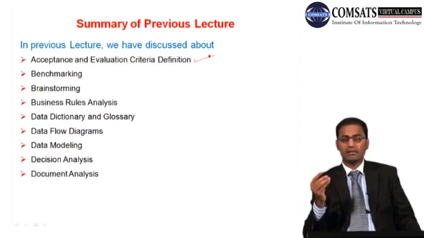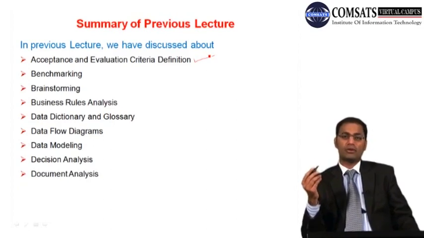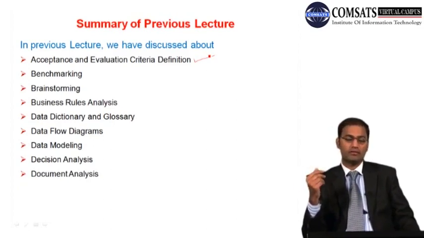Acceptance is when we have one option and we want to see if it is feasible or not. Let's have an example. In a class, there is an evaluation criteria: who is going to get more than 50 marks. That is our passing mark criteria.